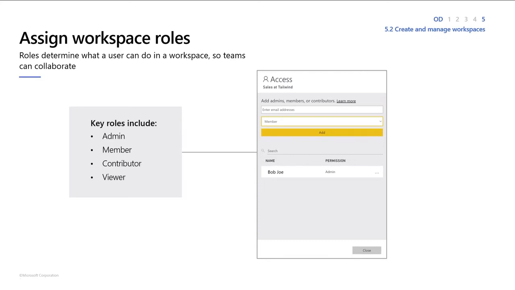Contributor can actually create content and this kind of thing. Member, on the other hand, can do a lot more than that, and that is something that you should explore a bit more. And then admin obviously is almost like a super user who can create workspaces, remove users, add users, and those kind of things. Again, something that you should explore a bit more.